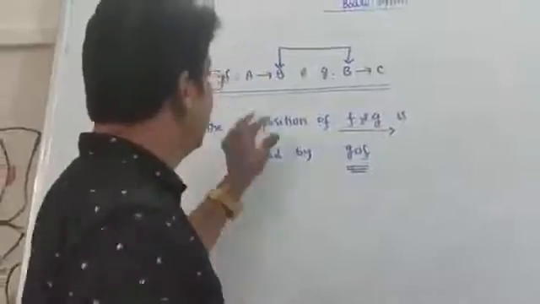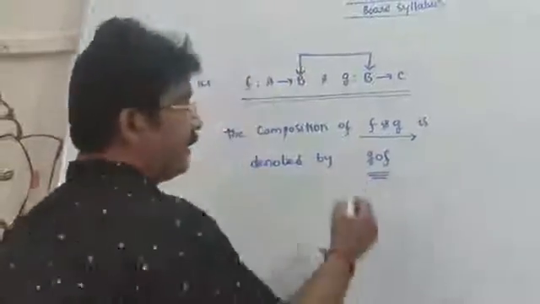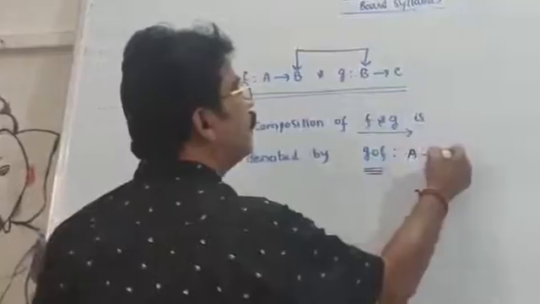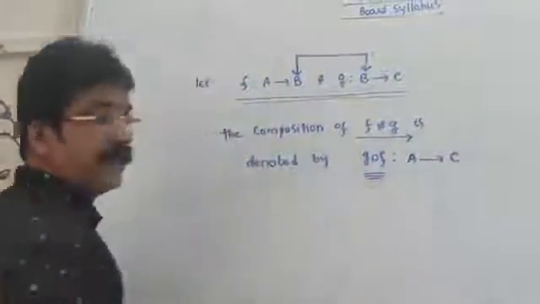The composition, circle, is defined from A to C. How?